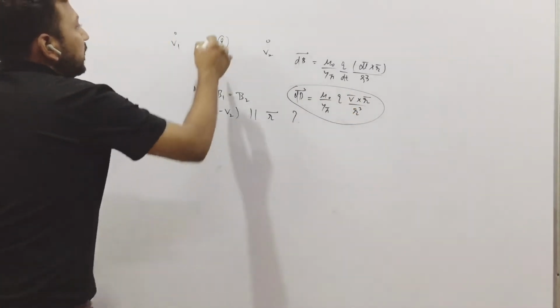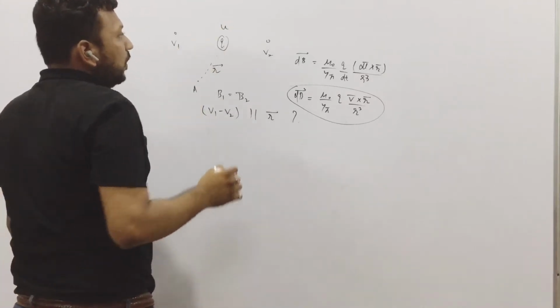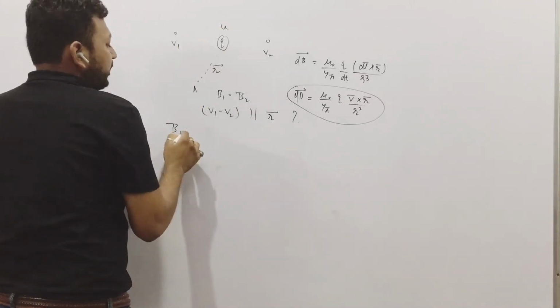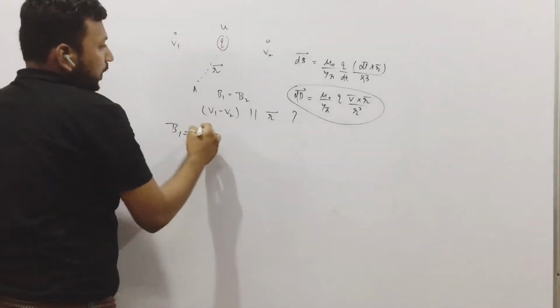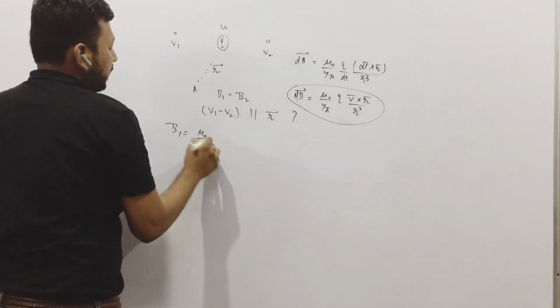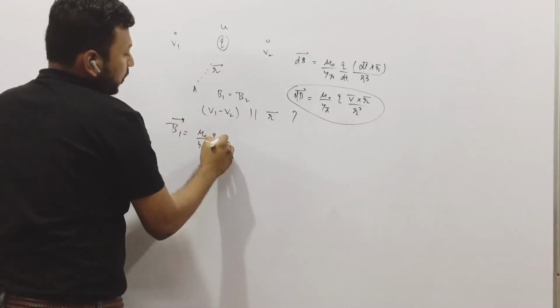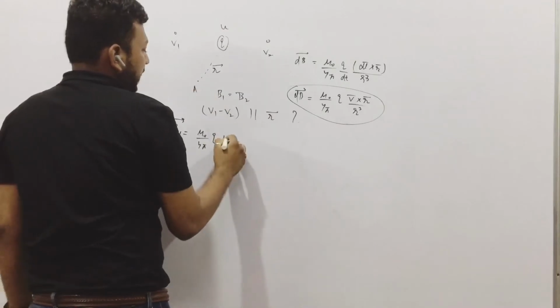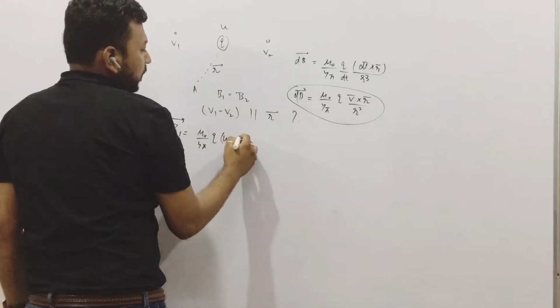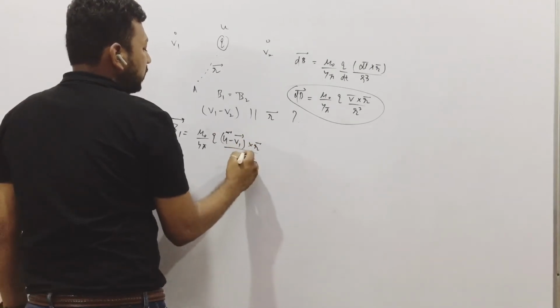Now let us consider the velocity of q as u, and we will say what B1 will be. B1, the magnetic field seen by this observer, will be mu0 by 4 pi into q into the velocity of the charge with respect to this observer, that is u minus v1, cross r upon r cube.